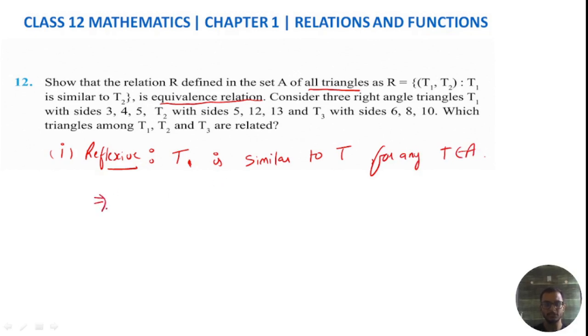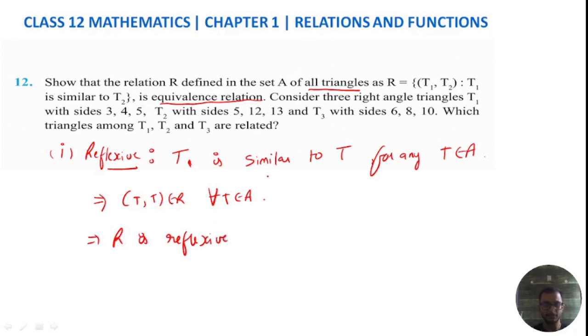So as T is related to T, this implies (T, T) belongs to R for every T belongs to A. This implies R is reflexive, right? So we are done.